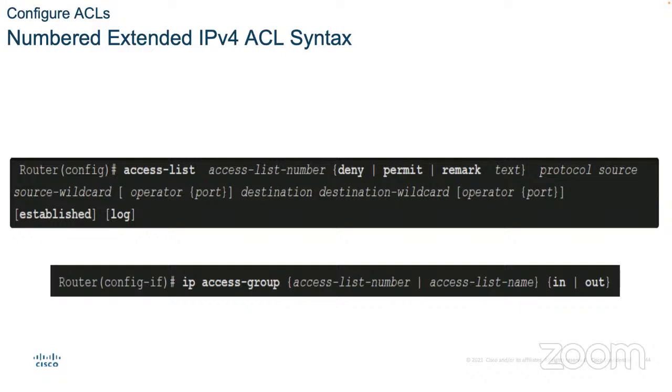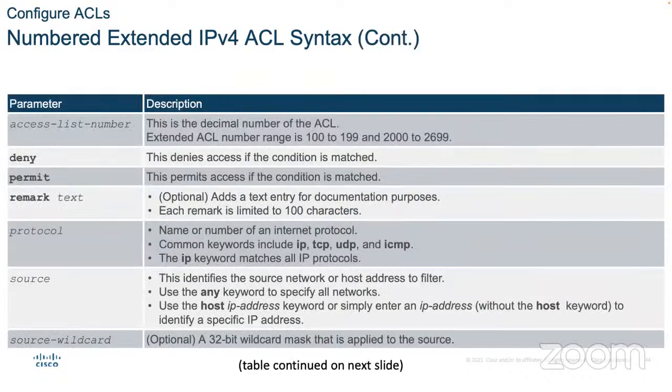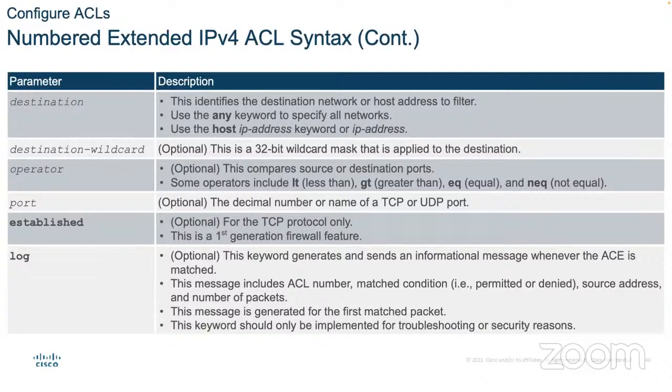And then to apply it, it's the same thing as a standard. With an extended, you have more options. So not only do you have these that are similar to the first, but logging isn't here. Well, further down, you have more options.